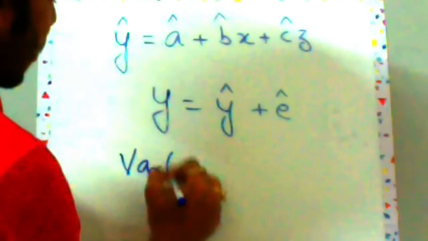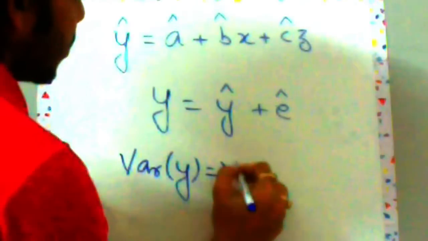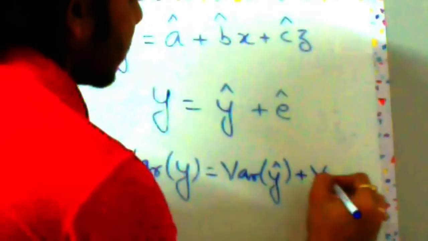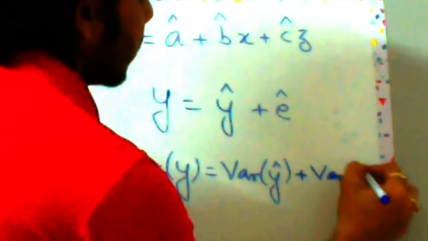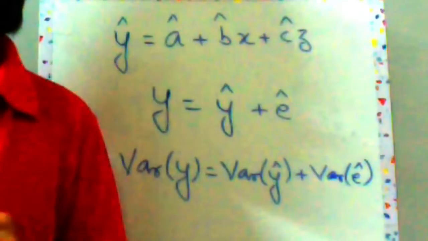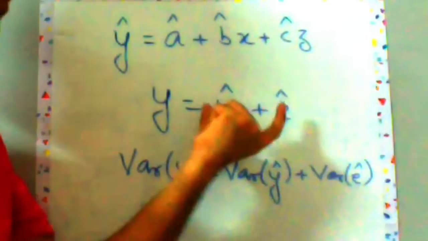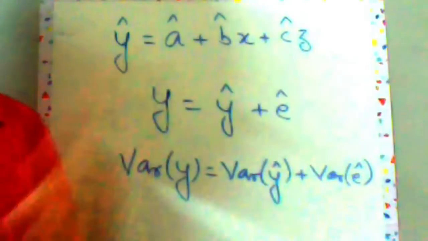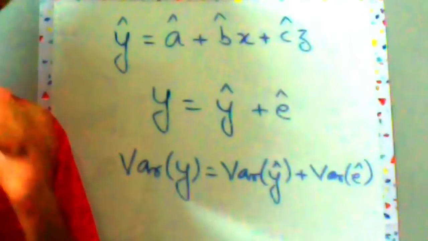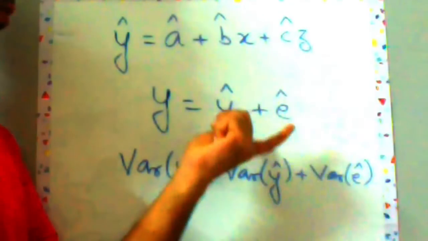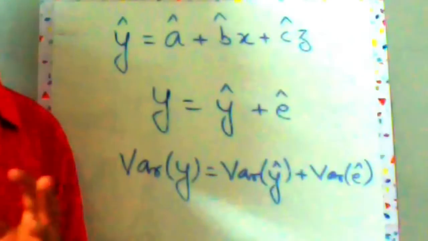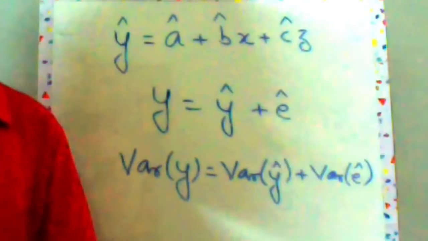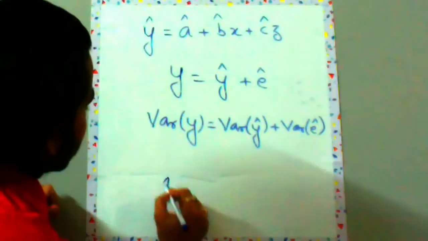Variance of y will be equal to variance of y hat plus variance of e hat, and the reason we are omitting the covariance of y hat and e hat is because we have already discussed in the previous lecture that covariance of y hat and e hat is going to be 0. So now let's divide the whole thing throughout by variance of y.